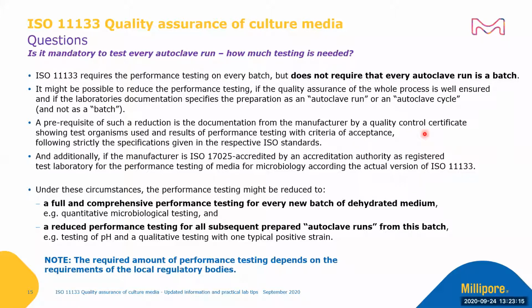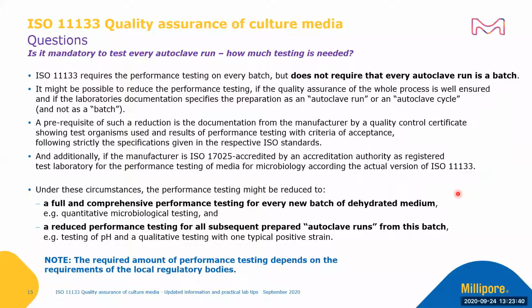And additionally, if the manufacturer is ISO 17025 accredited by an accreditation authority as a registered test laboratory for the performance testing of media for microbiology according to the actual version of ISO 11133, it might also be helpful in reducing own incoming quality control.